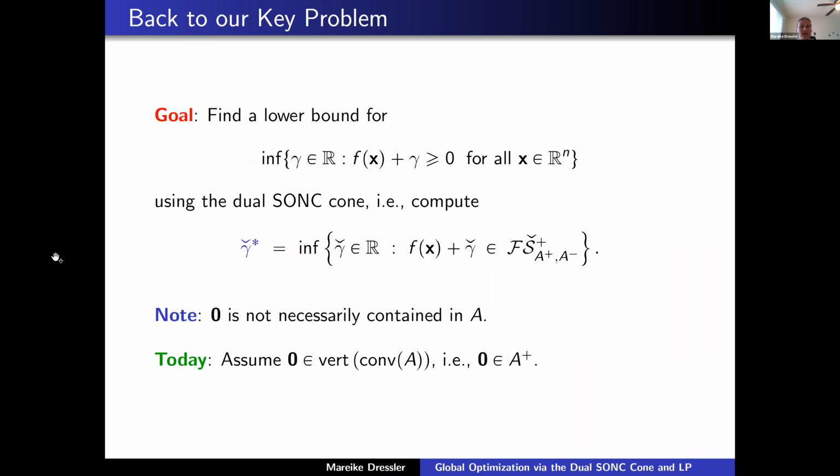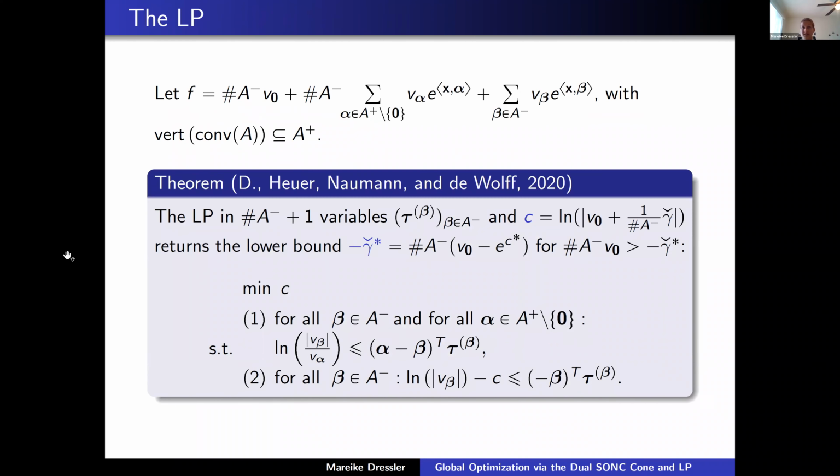Okay, with this consideration, this is the linear program. And don't look at it too closely. I just want to point out a few things here. So again, we consider these signomials of this form following this sign pattern. What I only did here is I separated the constant term. Then this is the linear program we solve.